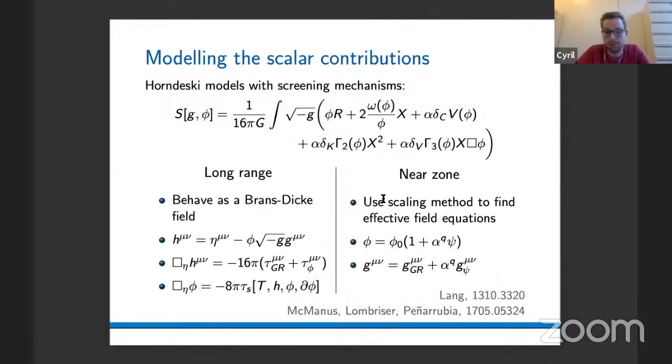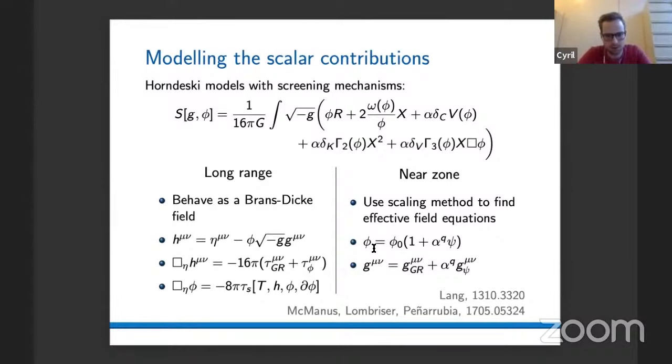In the near zone, we use what is called the scaling method to find the effective field equations. Because we have screening mechanisms, it's usually complicated to take the theory itself and make a post-Newtonian approximation of this. We don't get the proper prediction. So we need to first find effective equations that describe the behavior of the scalar field and the correction to the gravitational field.